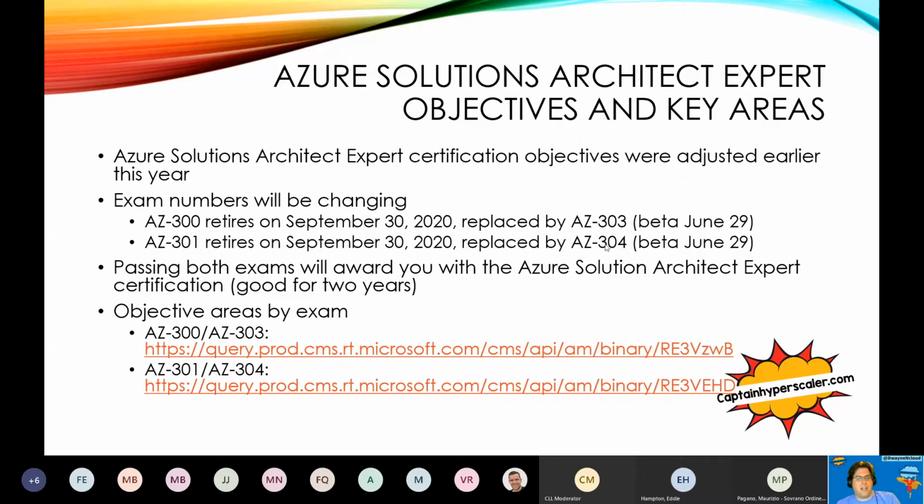There's not a whole lot of difference between the two. You can compare the objectives at these links, but the main thing is they changed a lot of the structure of the exam and the order of how the objectives flow.